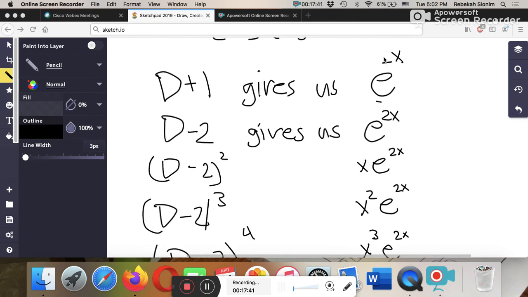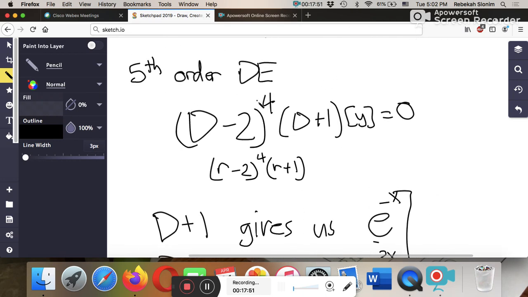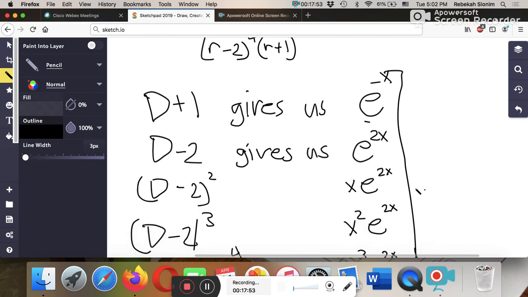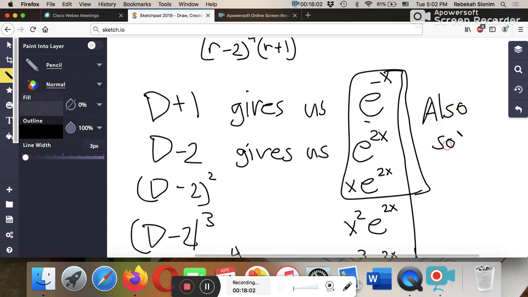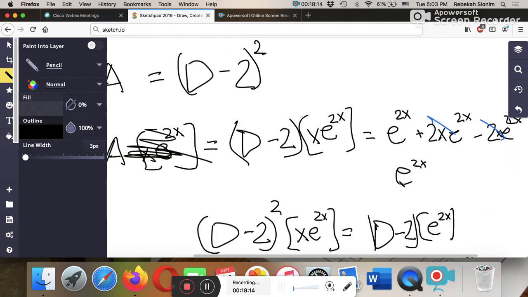These 5 functions that I have right here are all solutions to this homogeneous linear differential equation. Okay, but we also know that these first 3 are also solutions to the original homogeneous equation, maybe if we had a 0 right up at the top here, y triple prime minus 3y double prime plus 4y equals 0.